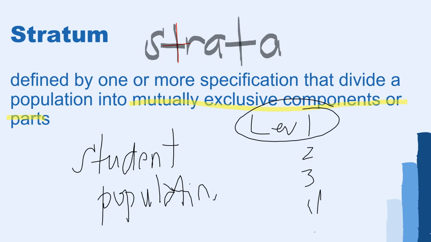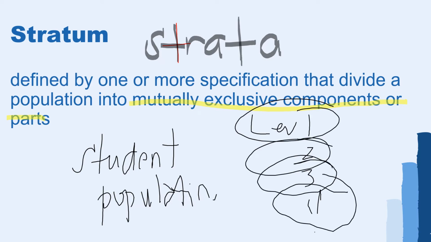Level 1 is one stratum, level 2 is another stratum, level 3 is another, and level 4 is another. If I'm talking about a municipality, the strata could be each of the barangays in the municipality. If I'm talking about level 2 student nurses, my strata could be section A, section B, section C, section D.